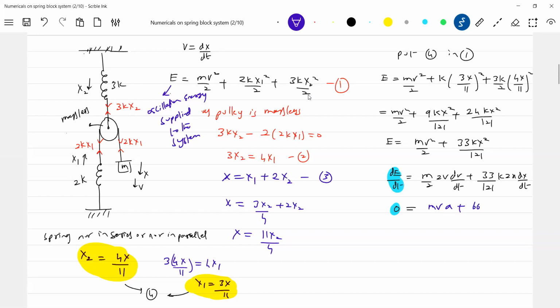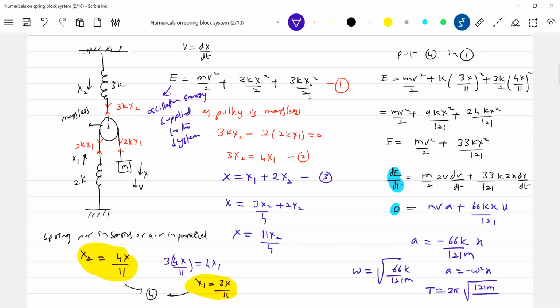Okay, this will be 66 k x by 121 into v. V gets cancelled. So a is equal to minus 66 k by 121 m into x. Comparing with the standard equation of SHM, this is the time period of oscillation of the system.